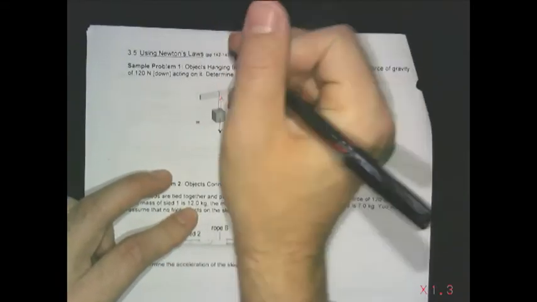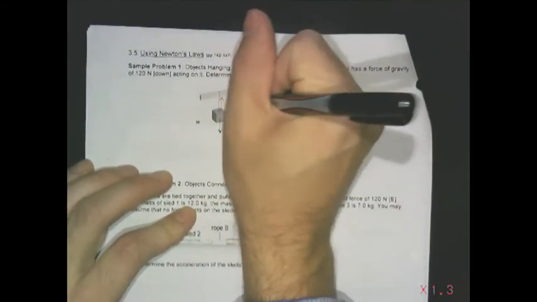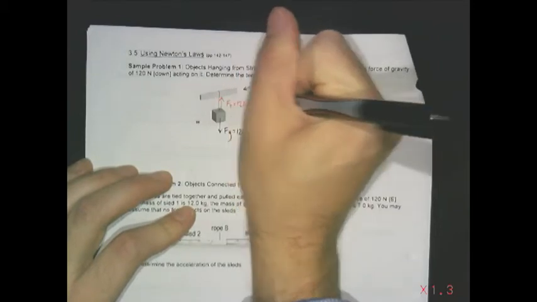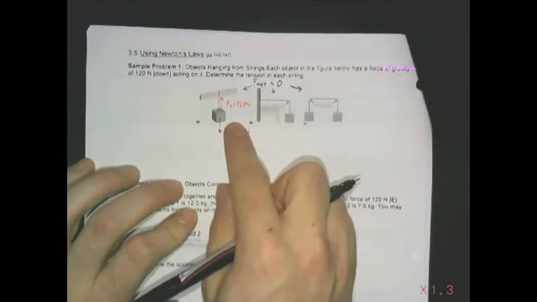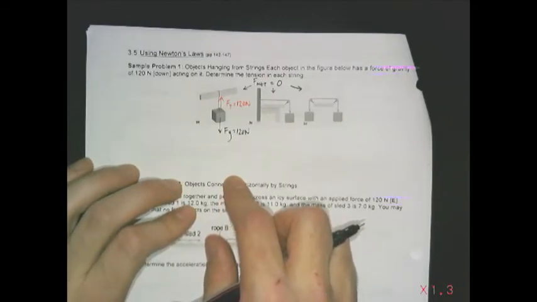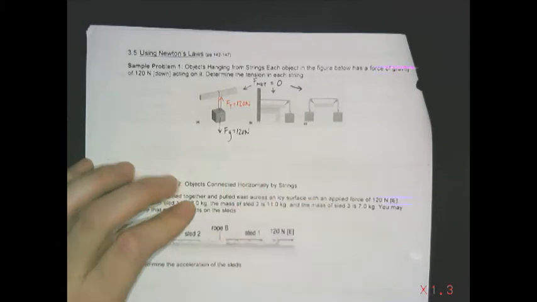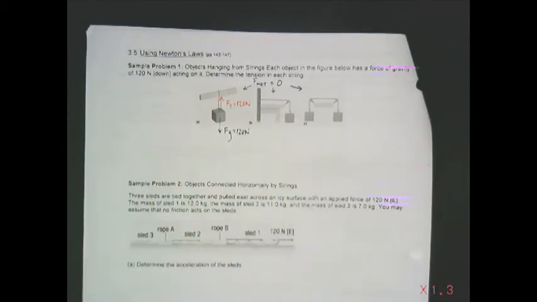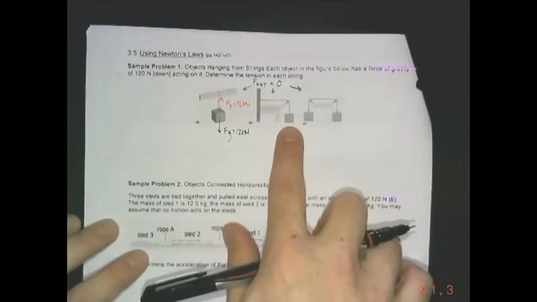In order for this to stay at rest, in order for the total of the forces to be 0, tension must be acting upward and be equal to 120 newtons up. If you have 120 newtons up plus 120 newtons down, what's the total? 0.